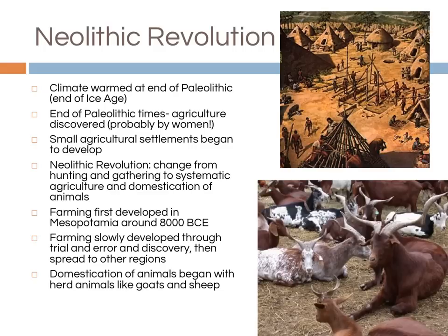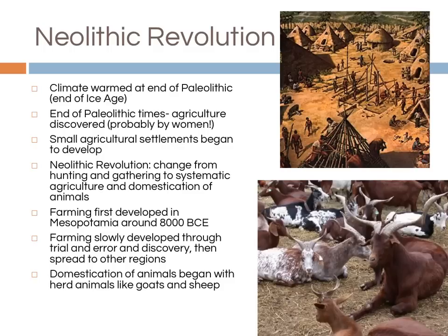And so that allowed people to start farming. Agriculture was discovered just through trial and error by accident, probably by women, because they're the ones that did the gathering of the plants. And so what happened probably is that people over time just realized sometimes when seeds fall to the ground, new plants sprout up, and they realized that they could do this purposefully and start to farm.